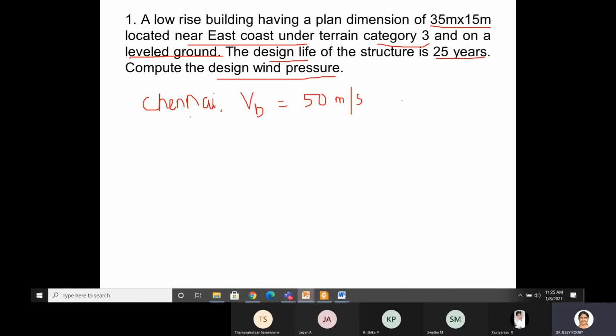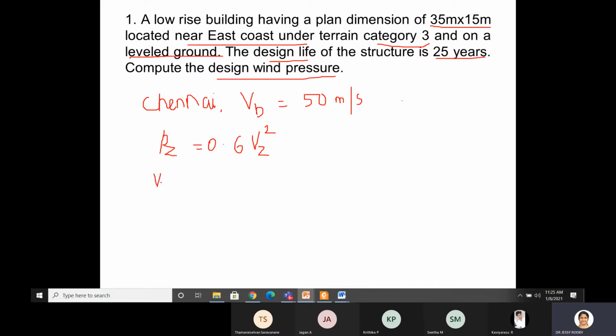Next, to calculate the design wind pressure, the first step is this: Pz is 0.6 Vz squared. This is the wind pressure, where Vz is the design wind speed, and Vb is the basic wind speed.